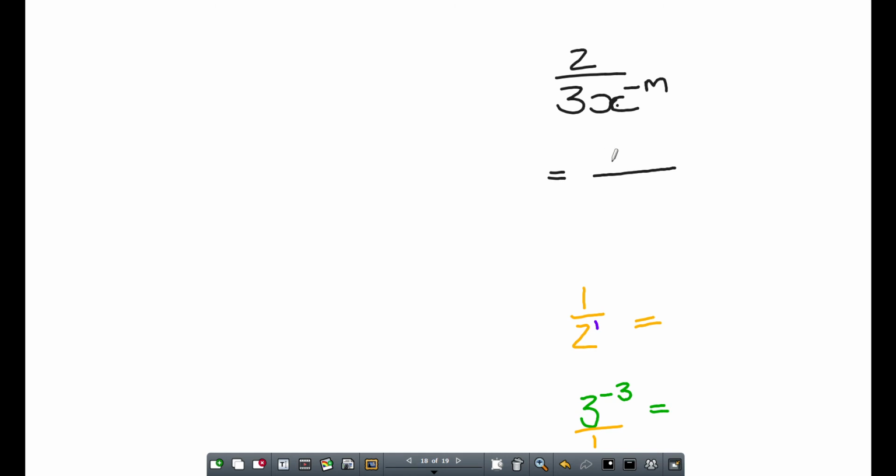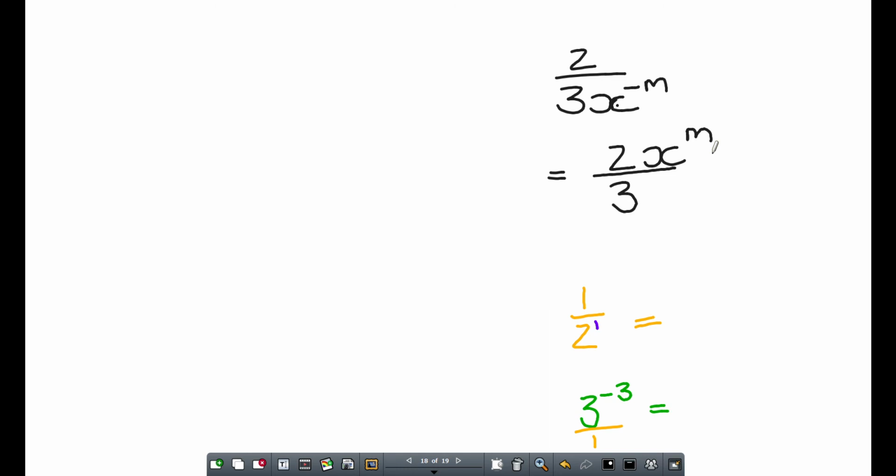Okay, wait. So, at the top we had 2. At the bottom, we said the 3 is not going to move, so the 3 will stay. But we said this will have to move to the top. So then it becomes x to the power of positive m. Does that make sense? That's your final answer, yes.